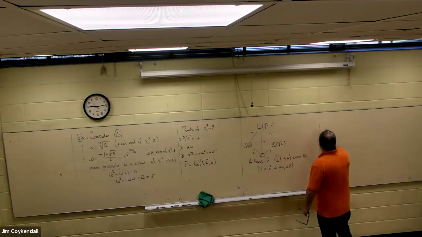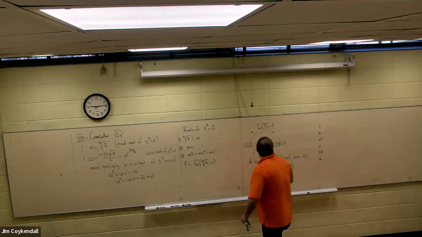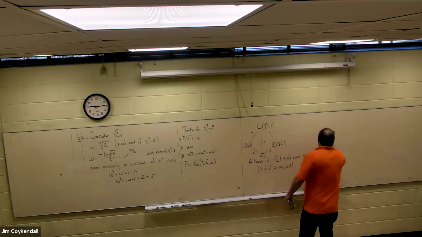It's 1, alpha, alpha squared, omega, omega alpha, omega alpha squared. And you guys can help me fill in the table here.